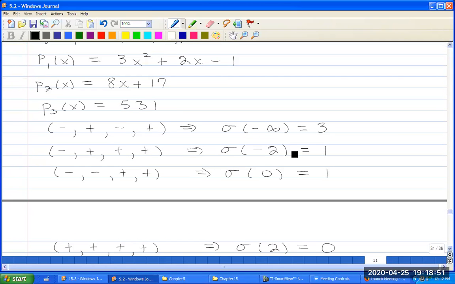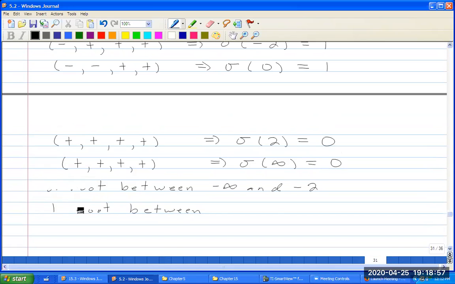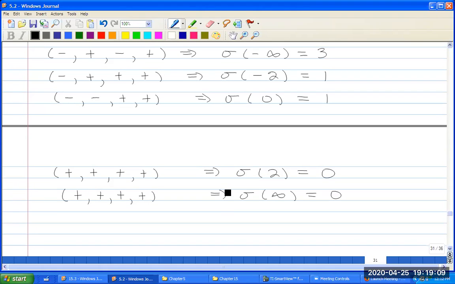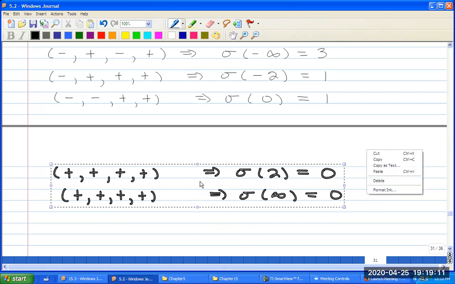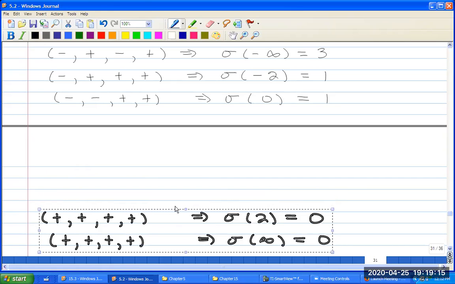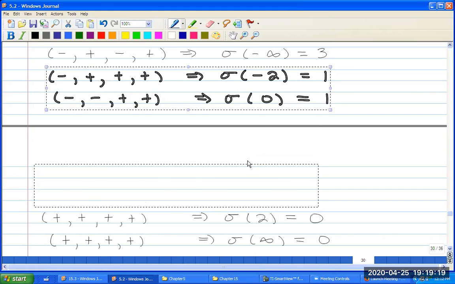I should actually go to negative 3 here just to see what else is happening. So seeing that there are 2 roots, let's see what happens at negative 3. Actually, maybe I'll move this down a little bit so I can put in some more values there.